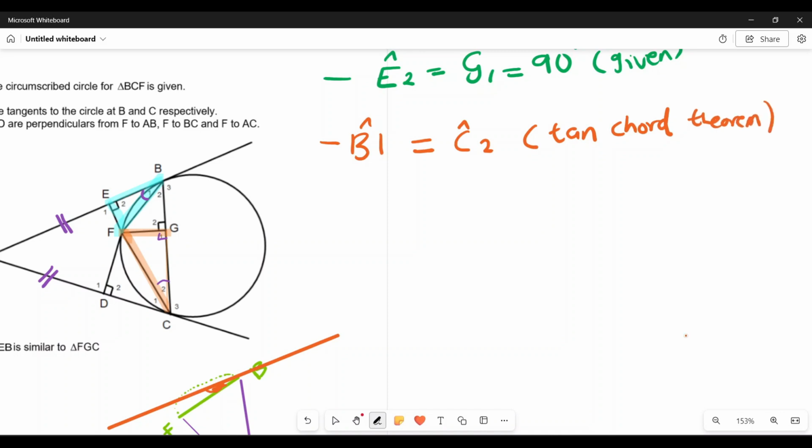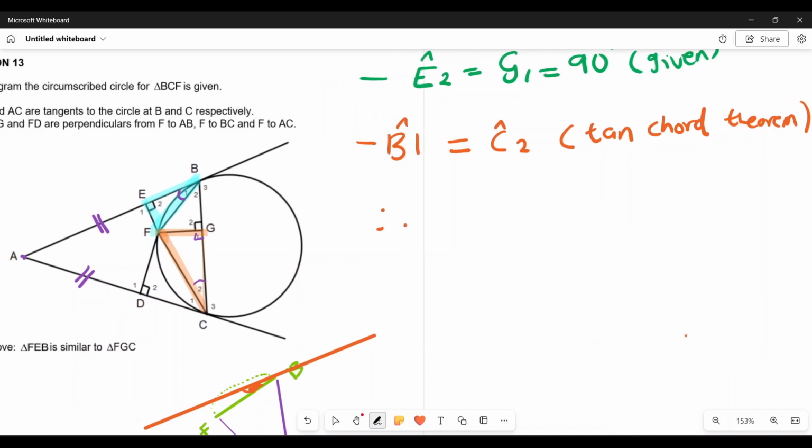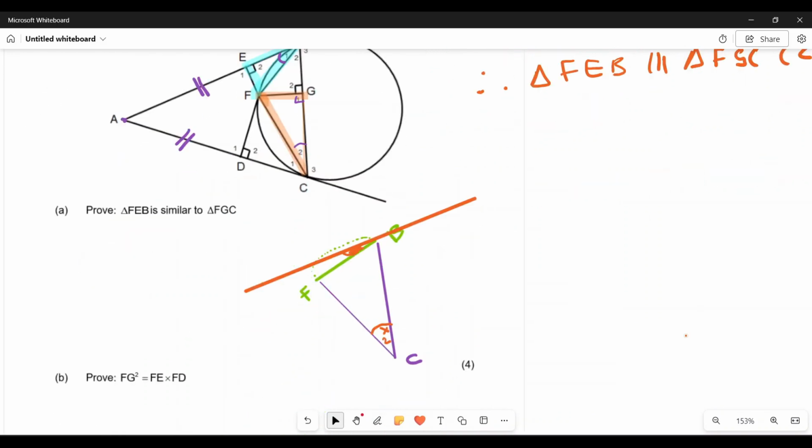Because these were the only angles that we had in the blue, E2 and B1, and these are the only angles we have in the orange, C2 and G1, we can conclude that the two triangles are similar to one another. Remember, the reason I'm not proving my F's is that my F angles are not numbered. So triangle FEB is similar to triangle FGC, and my reason would be angle, angle, angle. Now I've proved that those two triangles are similar.